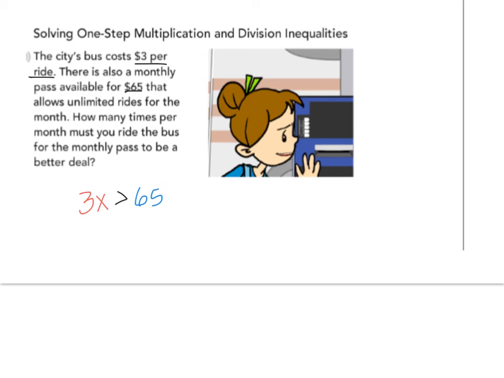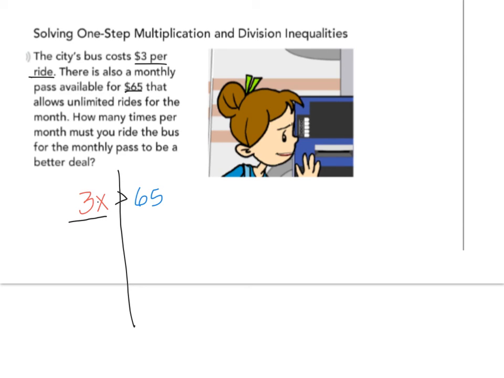So just like whenever we solved in topic 8, we do the inverse operations. So I'm going to draw my line. And right now 3 is being multiplied by x. So I have to do the opposite. And the opposite of multiplication is division.